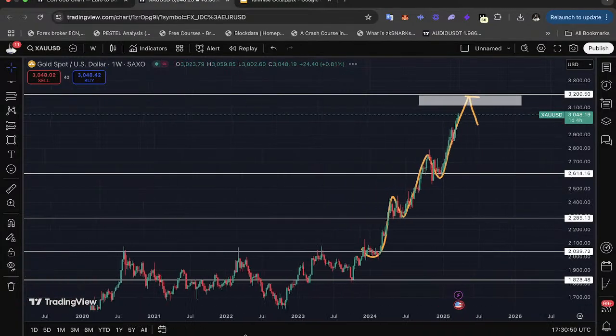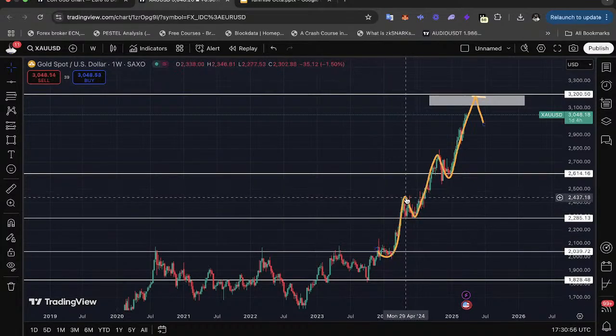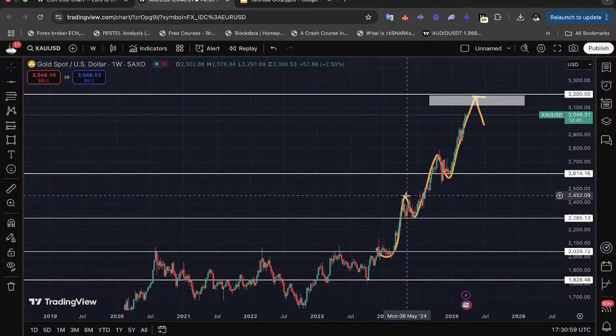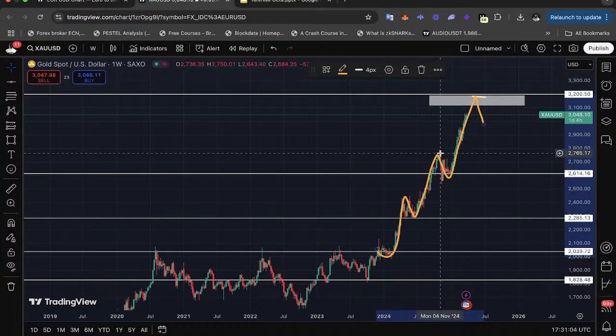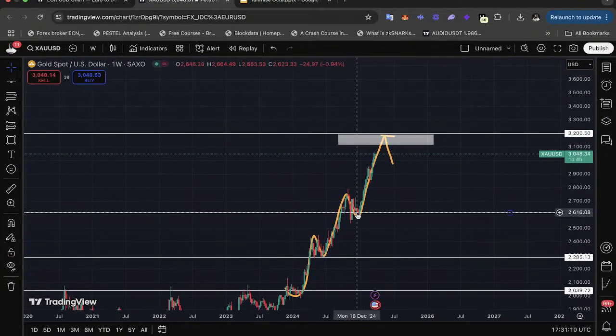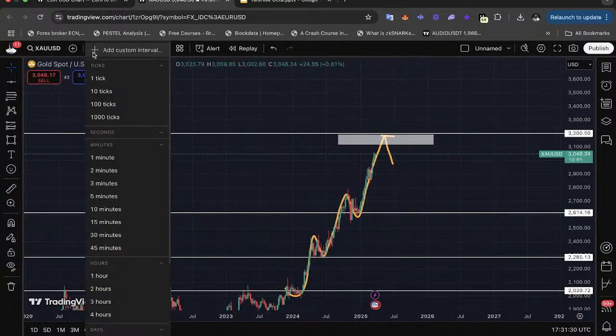So price broke out of the 2000 resistance level, okay, and went as far as 2400, reversed back to 2300, went up from there to 2700, and from 2700 reversed back to 2600, and from 2600 is currently at $3,050, which is most likely going to touch $3,200 and then reverse back to $2,900. Okay, that's my outlook on gold.